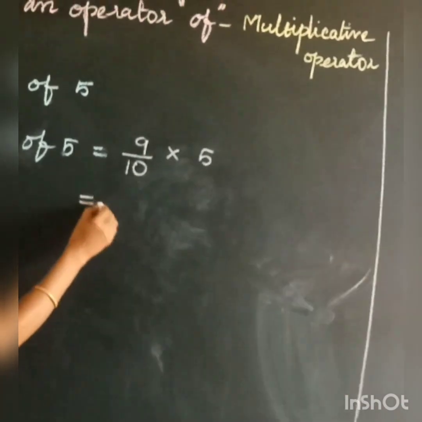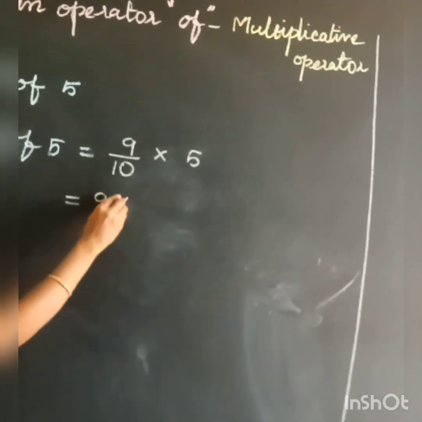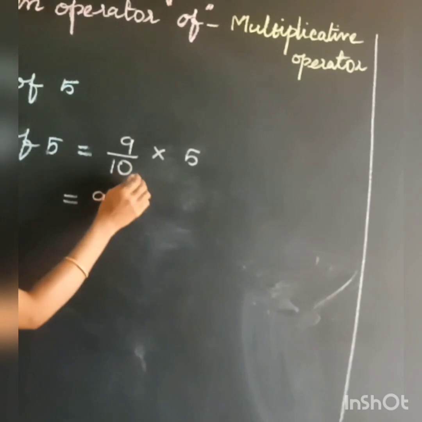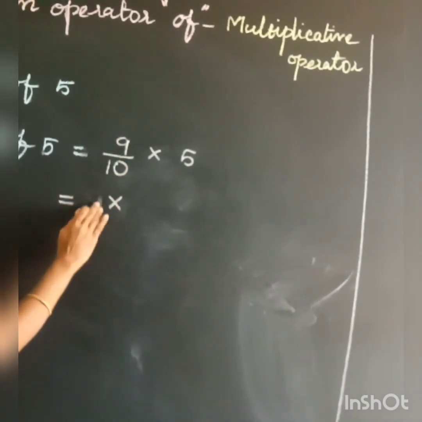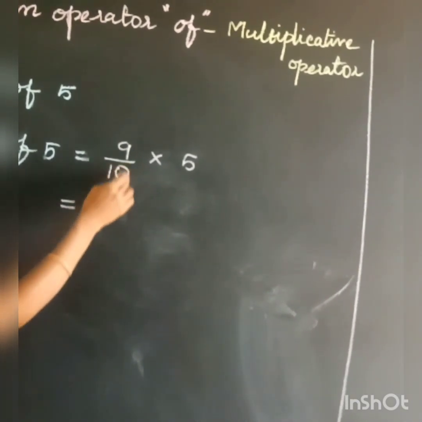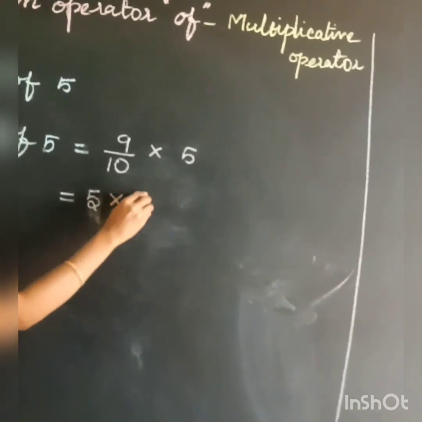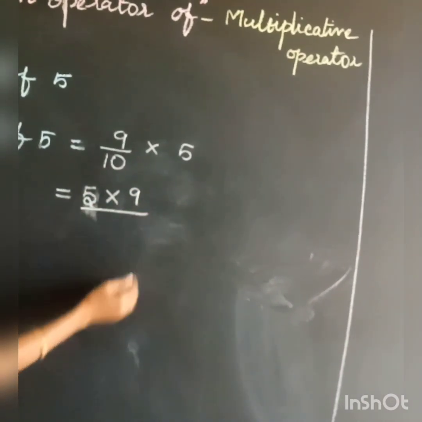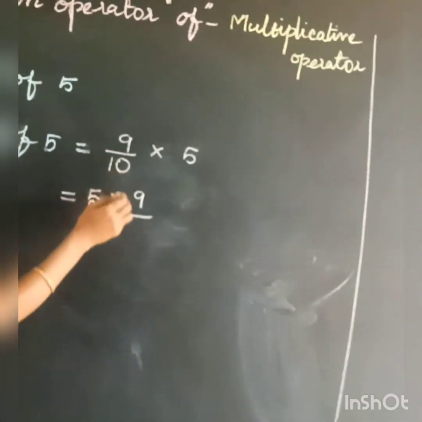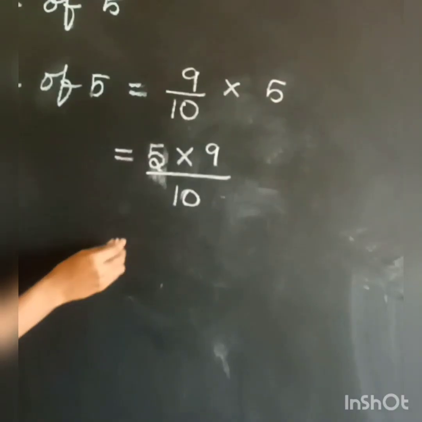How do you write this answer? Whole number into numerator of this fraction. What is your whole number? 5. And what is the numerator of the fraction? 9 divided by the denominator of the fraction, 10.